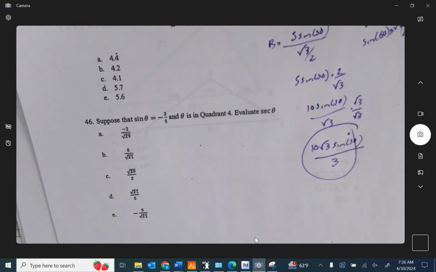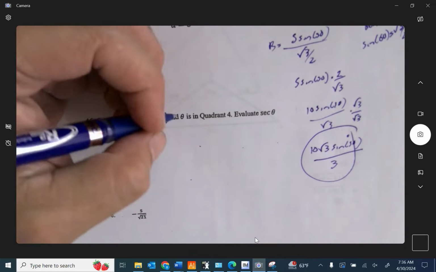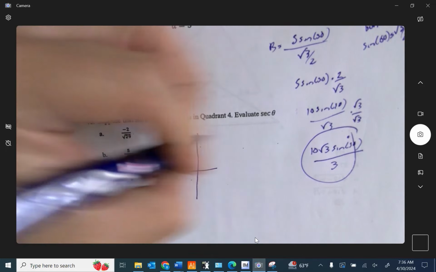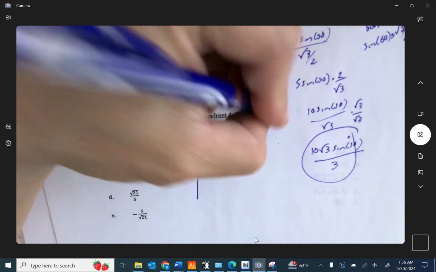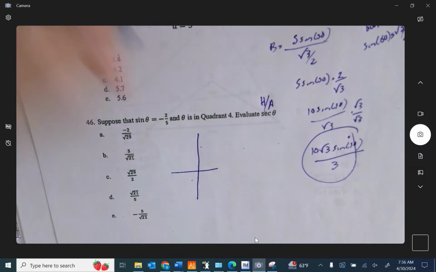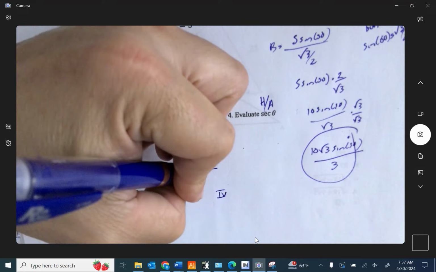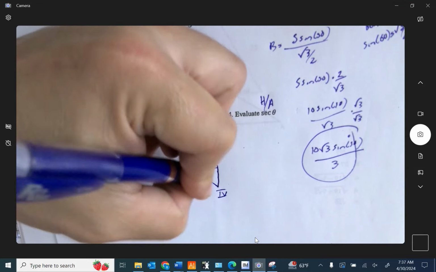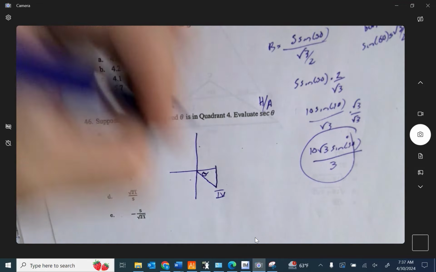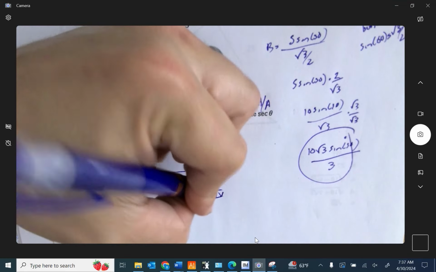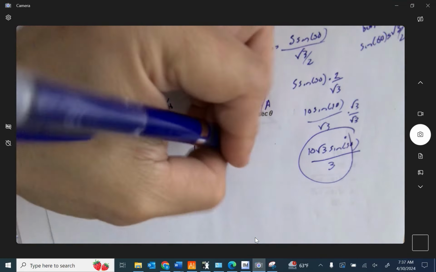All right, suppose that the sine of an angle is negative 2/5 and the angle is in quadrant 4. Evaluate the secant ratio. Secant, by the way, is the funny guy. So, anyways, I'm in quadrant 4. I'm down here. This is where I'm going to draw my little triangle. There's theta. Sine ratio is opposite over hypotenuse, so negative 2 over 5. I need to do a little Pythagorean theorem.